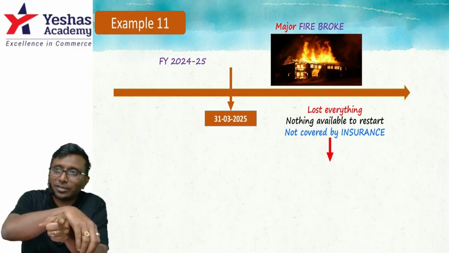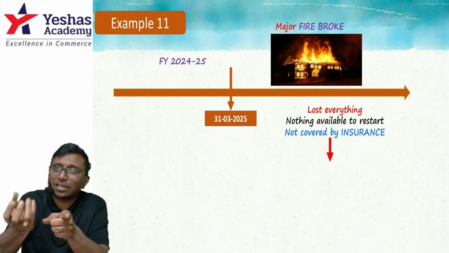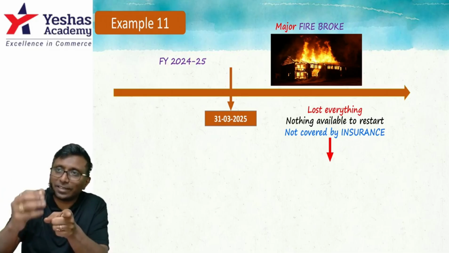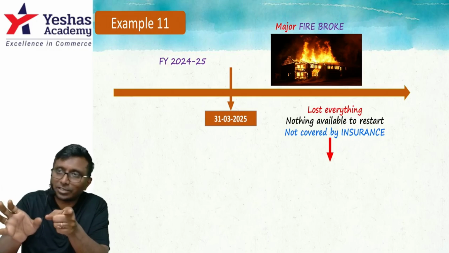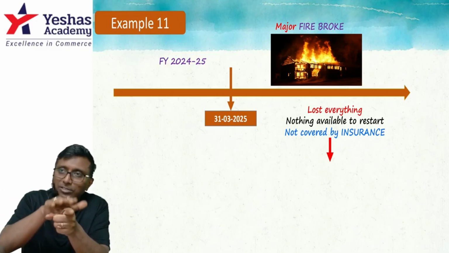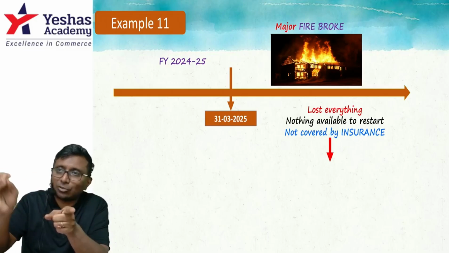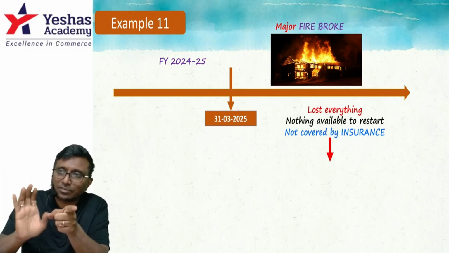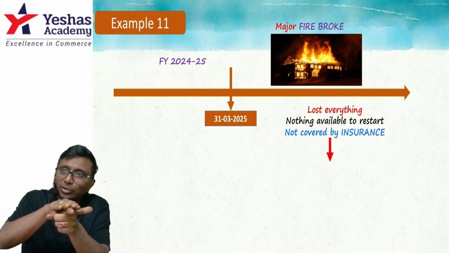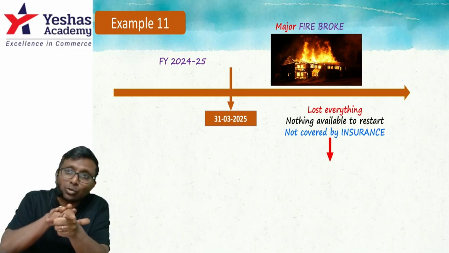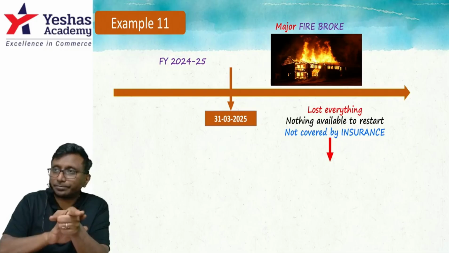Have you understood my point? Suppose one building or one car is there. In the fire accident, the car is lost, nothing is left. In the books the car value is 4 lakh as on 31st March. After the fire the value is 0, or say 10,000, just for a number. So NRV is 10,000. So now as on 31st March 2025, my car value should come down to 10,000.